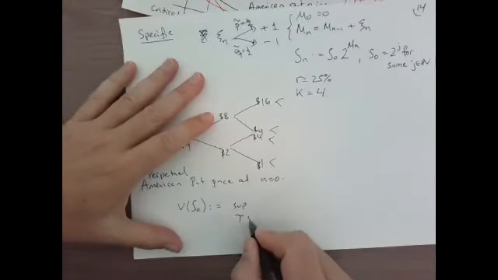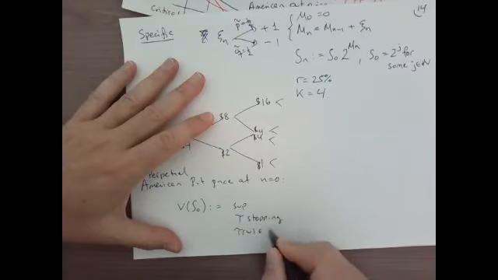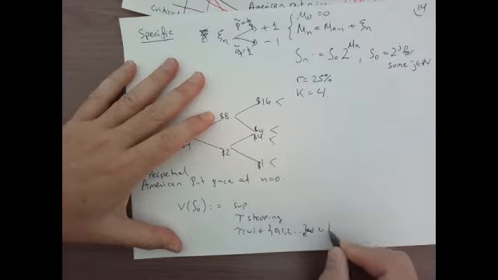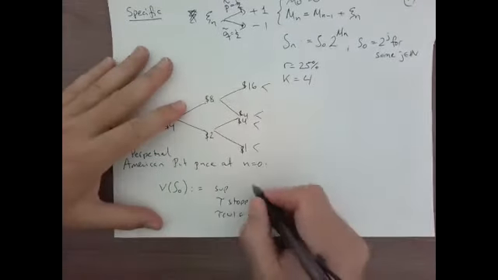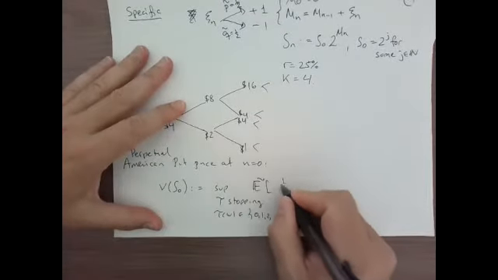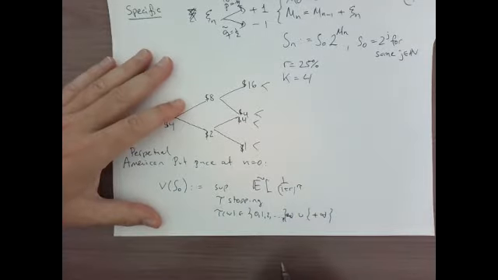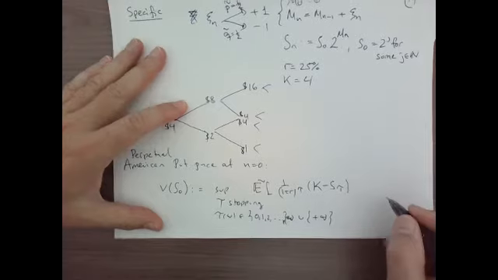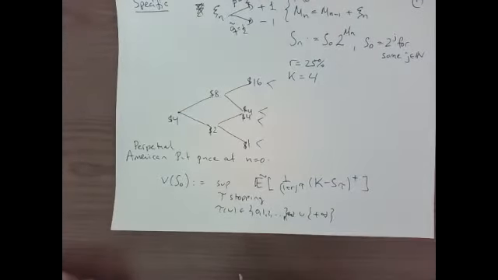So stopping times tau, omega is something in 0, 1, 2, union infinity. And then the payoff is discounted, 1 plus r to the power tau, and then you have K minus S tau, positive part. Right, so what's this value?